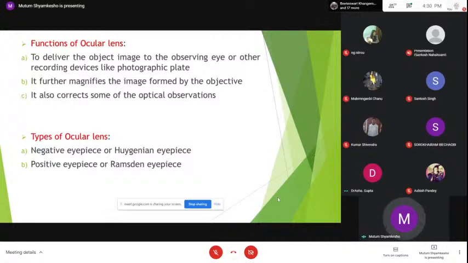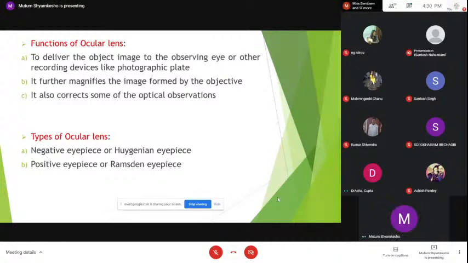The image formed by the objective lens is already magnified, and this magnified image is again further magnified by the ocular lens. Thus, as we have already discussed, the final magnification of the object image is equal to the multiplication of the magnifying power of the objective lens and the ocular lens.